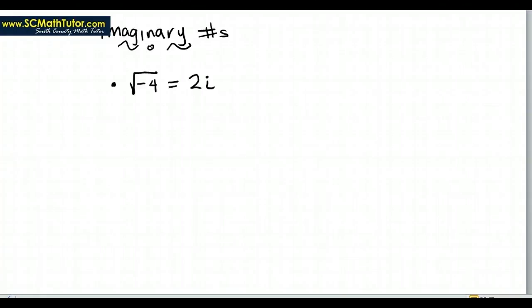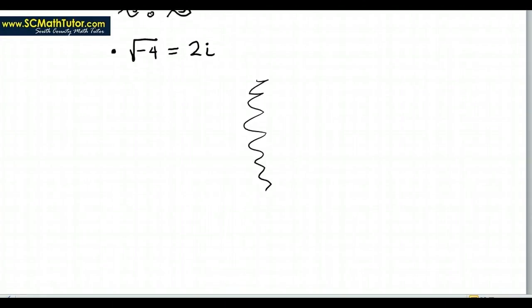Okay, so I'm going to tell you why, that way instead of memorizing it, you could actually derive it if you need to. Well, i is i, and i is the same thing as the square root of negative 1. i squared is negative 1. Okay, so let me derive that.